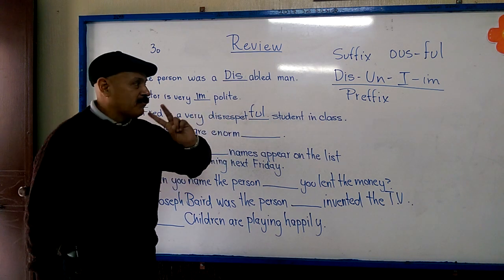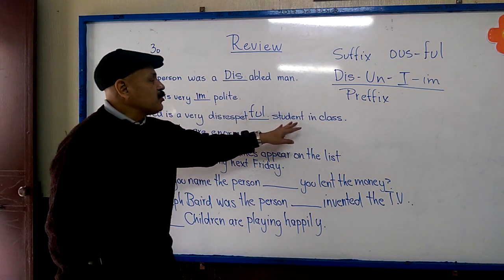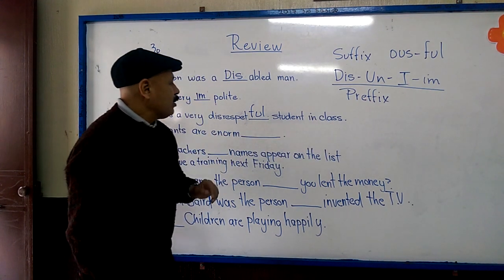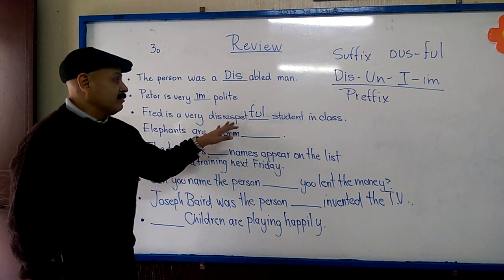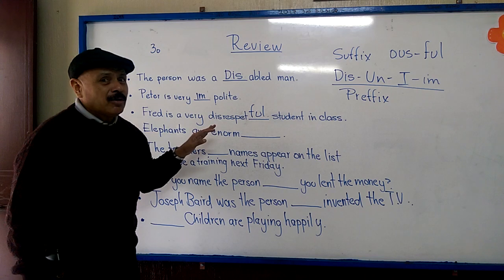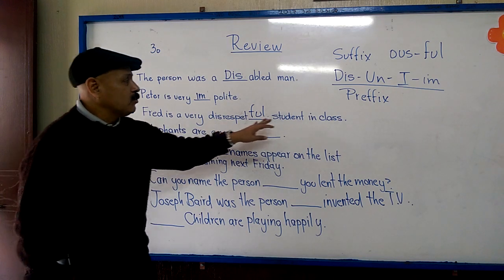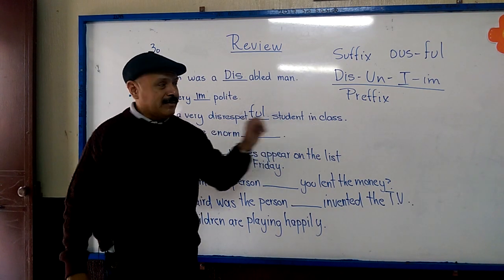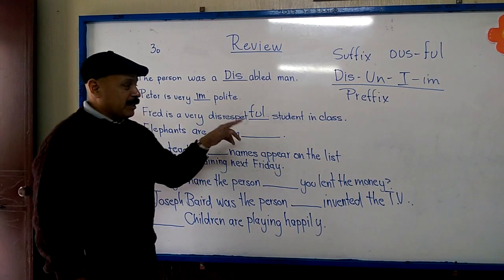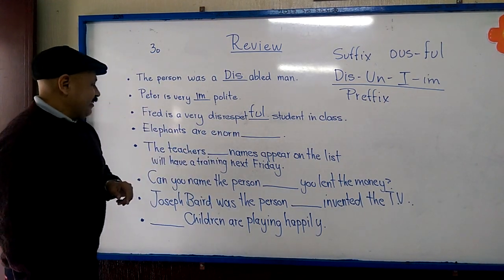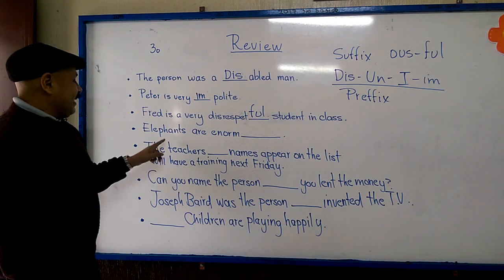Esta palabra tiene un prefijo y un sufijo. Student in class. Es muy irrespetuoso en español. Irrespetuoso es un estudiante irrespetuoso en clase. I hope you're not a disrespectful student in class. Next year, maybe not this year.